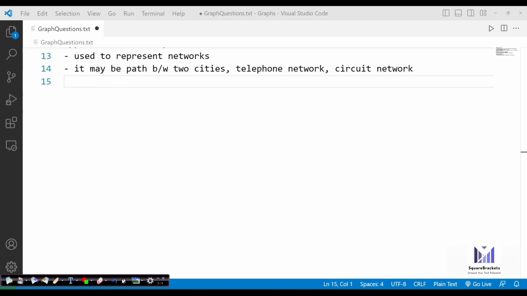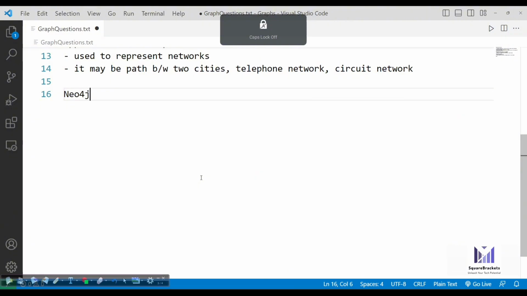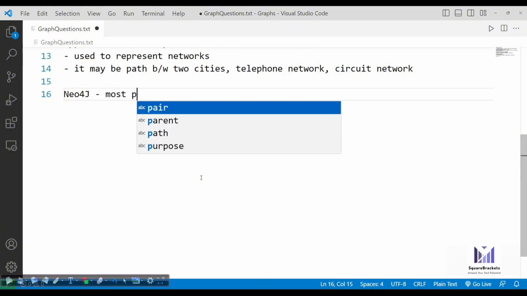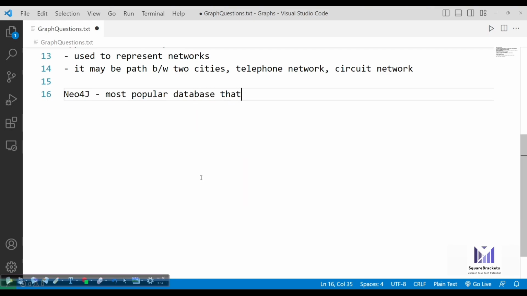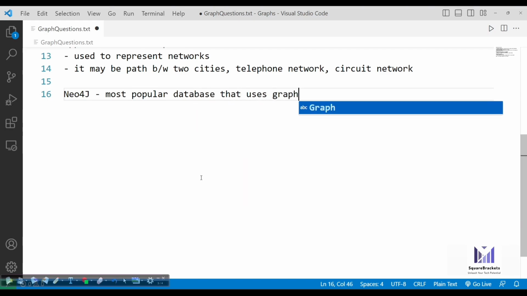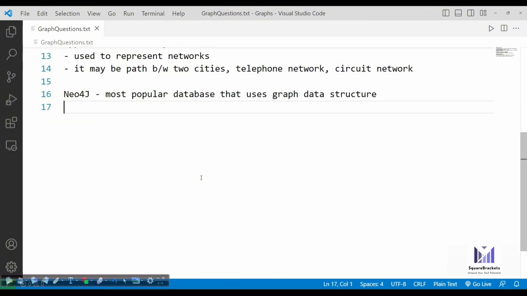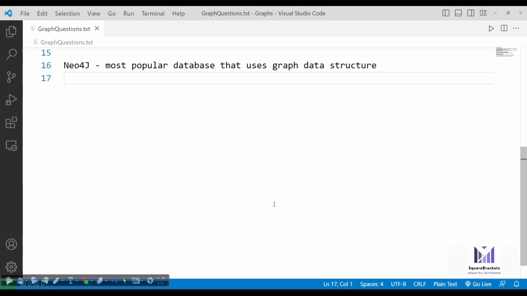And there is one most popular database known as Neo4j. If you have heard of Neo4j, it is one of the most popular databases that uses a graph data structure to store the data. If you want to build a movie recommendation system or anything, Neo4j is one of the best databases to use.